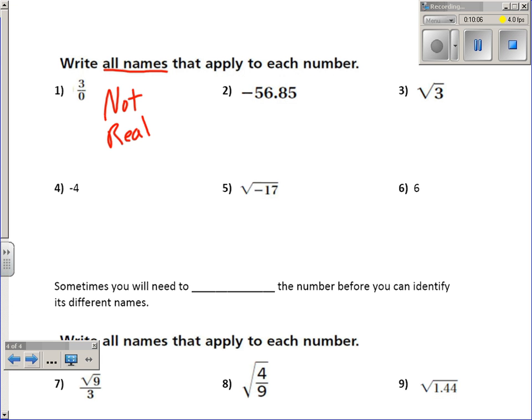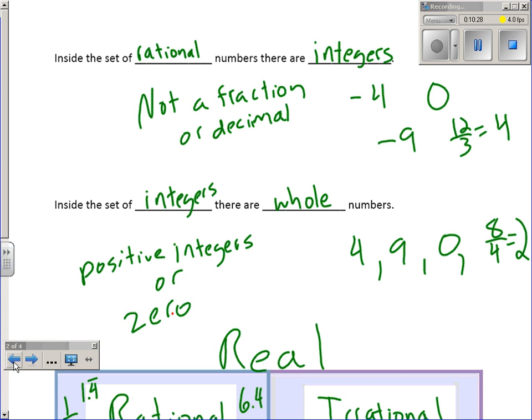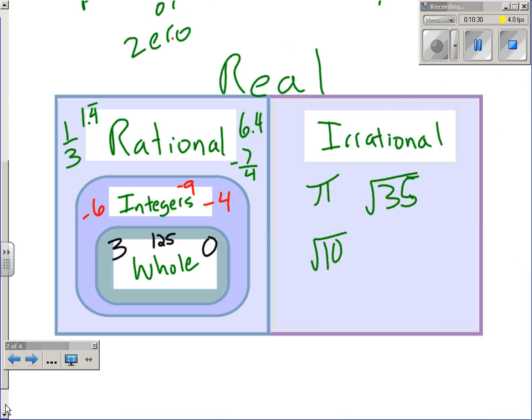Okay, coming over here. Number 2. Always start at is it real or not real. So this number, we know it's real because it's not a square root of a negative number or dividing by 0. So first we say real. Okay, now, if you look back here, all of our real numbers are going to either be irrational or rational.